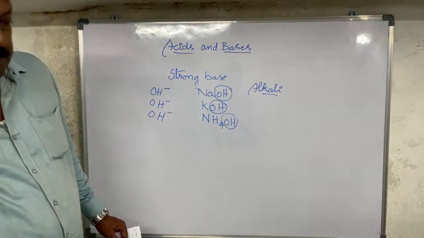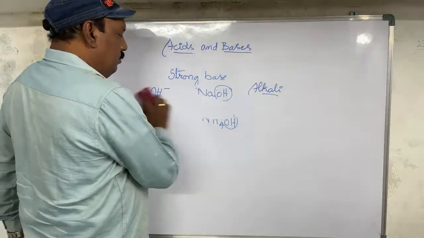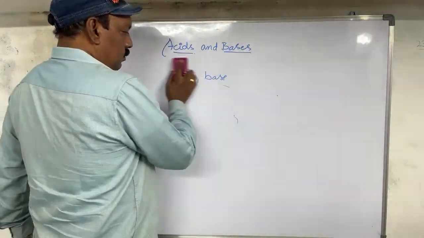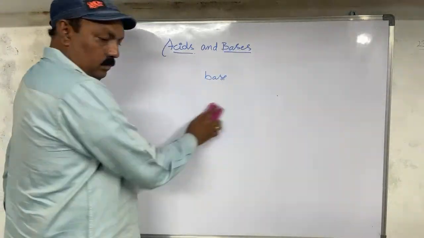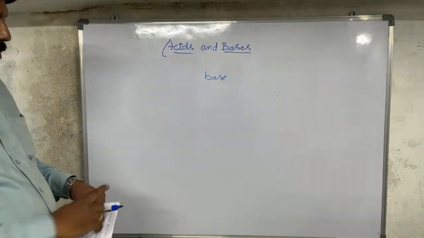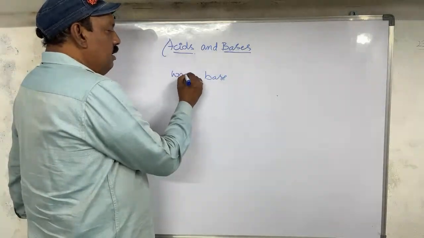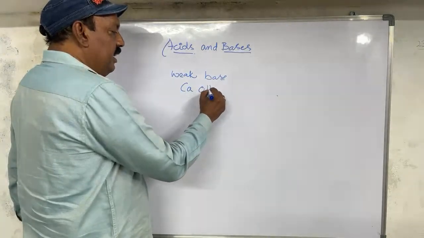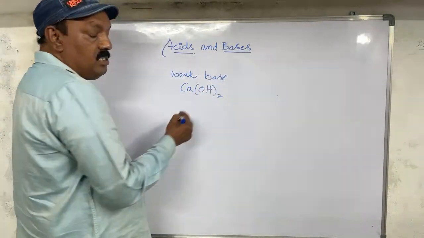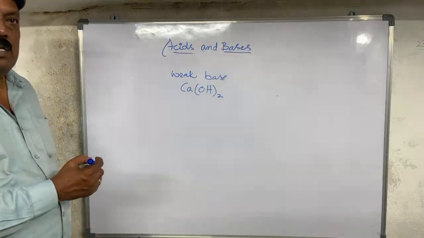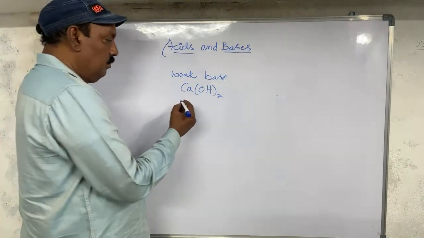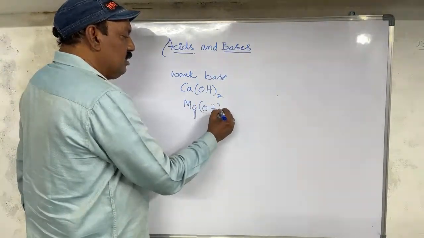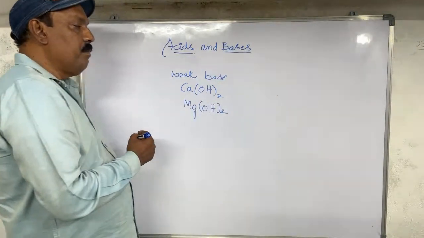Now we go for weak bases. What is the meaning of a weak base? Here you can see Ca(OH)2, calcium hydroxide, or we can call it slaked lime, and Mg(OH)2, magnesium hydroxide.